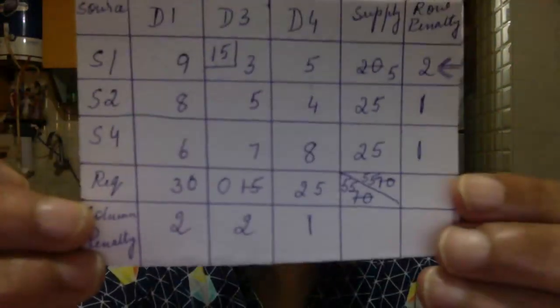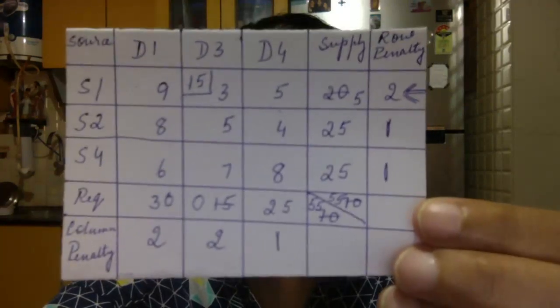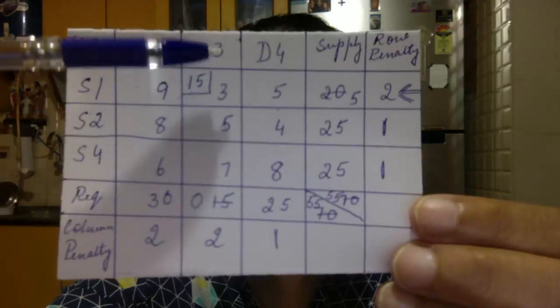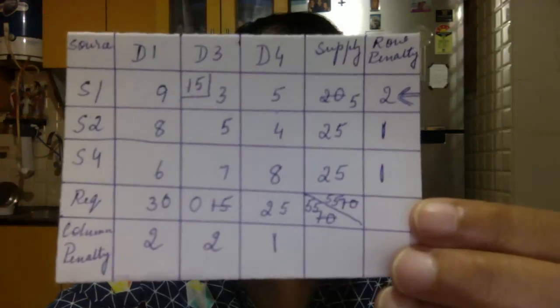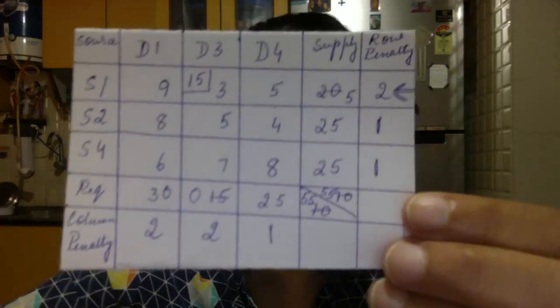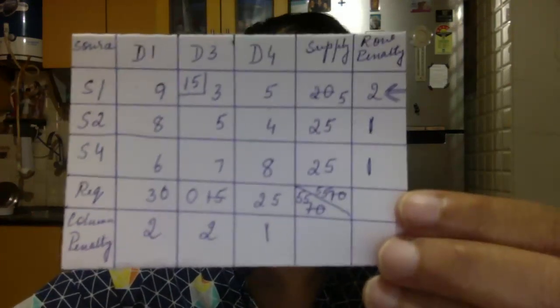Our matrix now looks like this. As you realize, D3 will disappear. So we have to create one more matrix now. We have to create our matrix number 3 now.